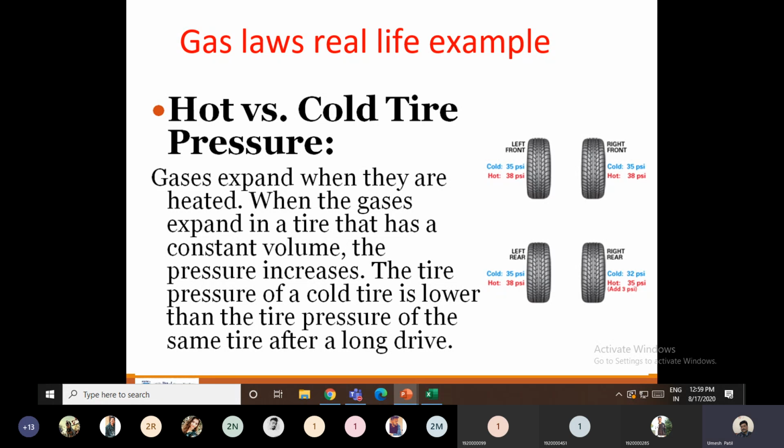So what will happen to the air inside the tire during driving? As the air molecules get heated, and the volume of gas is constant, the molecules will start to move away from each other. The distance between the molecules will increase, and this leads to an increase in pressure of the air inside the tire.